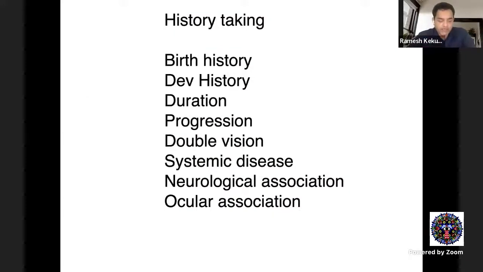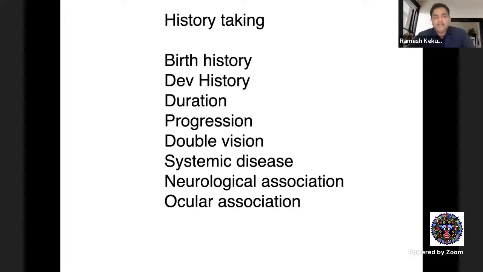So the first part with these cases I would like to come to is the history taking. What history should we be taking in a case of strabismus? Strabismus is one of the symptoms or ocular manifestations of many diseases which can happen.